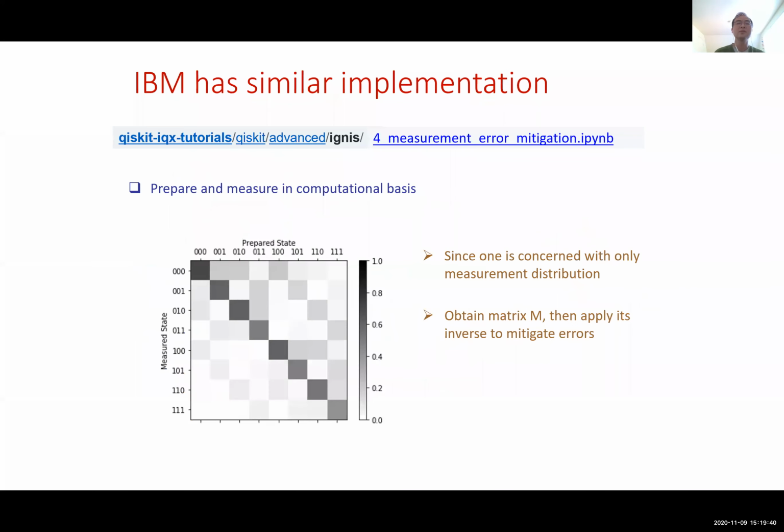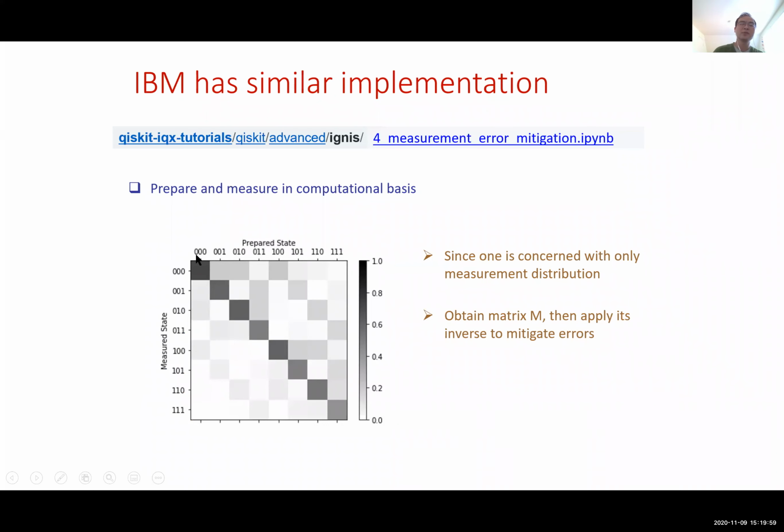You can also find IBM has a similar implementation, but what they do, for example, in the 3 qubit case, is they prepare all computational basis states, all 8 of these states.